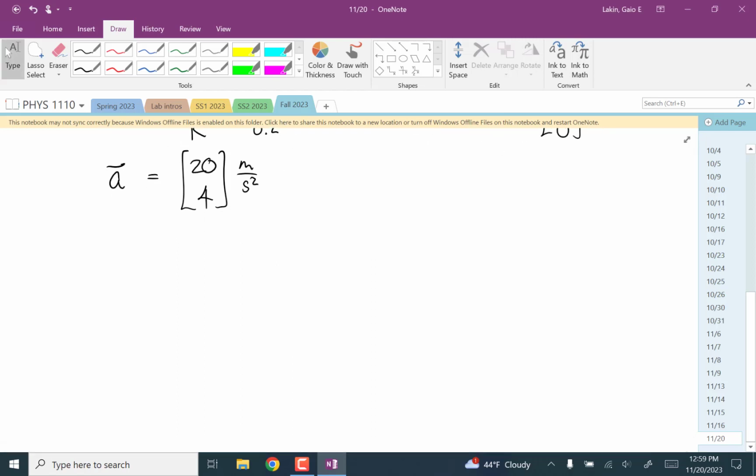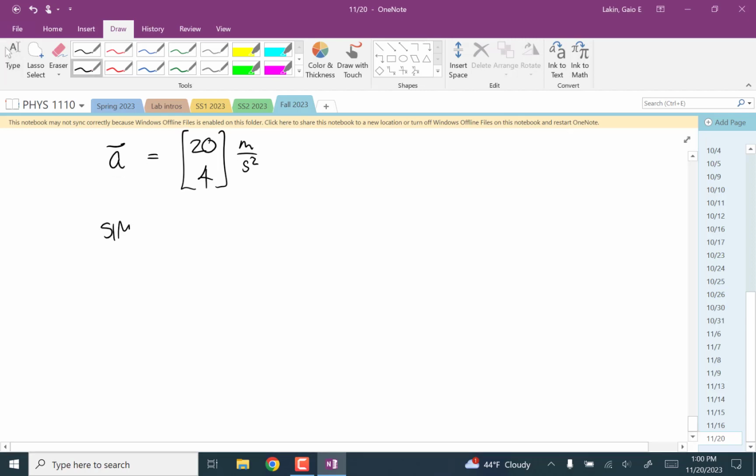So I want to make a little table of all the things that are kind of similar between the angular quantities and the old translational quantities. You can just think of this as similarities between translational and angular quantities.